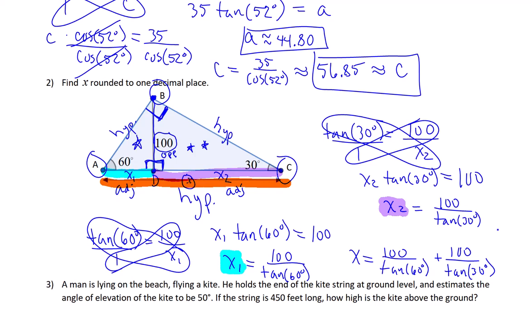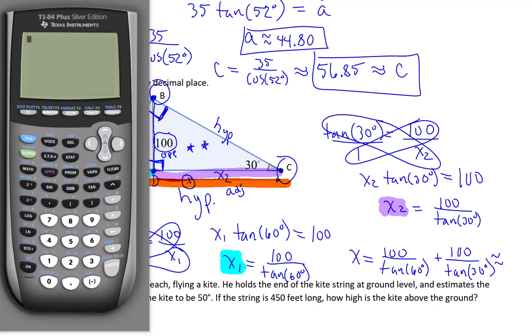All we've got to do is approximate that by computing it on a calculator. I'm going to demonstrate typing this in. We just have to be careful with the fractions here. The first fraction in this answer is the 100 over the tangent of 60. Just to be extra careful, you could put parentheses, but the calculator will understand this simply by order of operations.